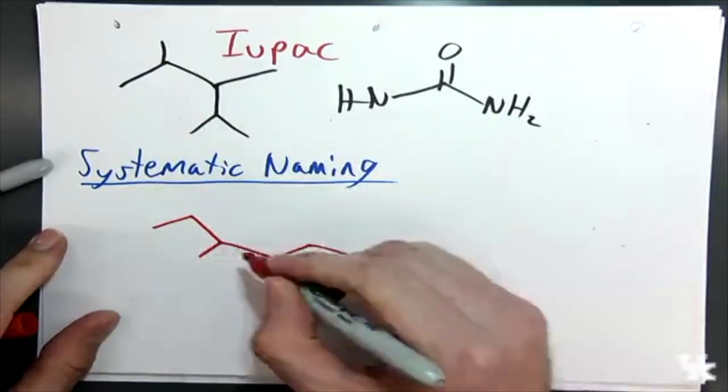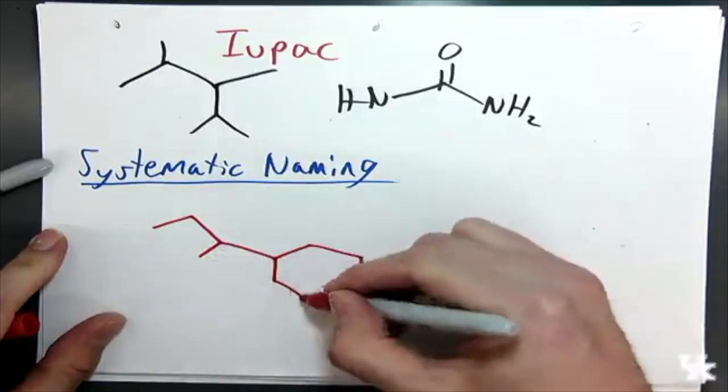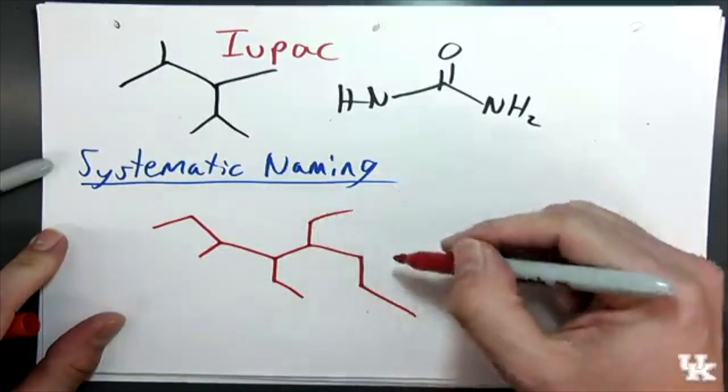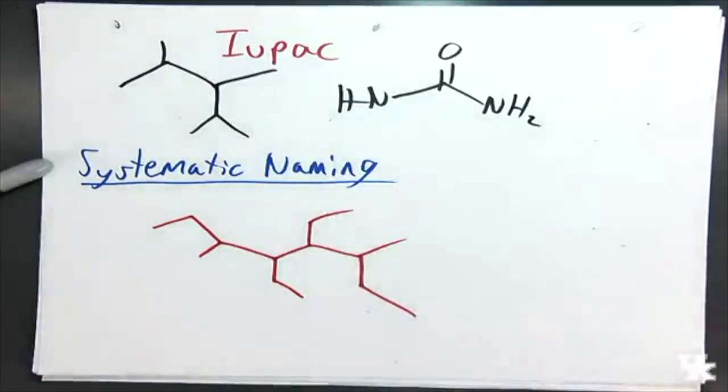How could you name this molecule drawn in bond line drawing formula, and be able to name it such that your partner working with you or some person 1,000 miles away can know exactly what this molecule is?